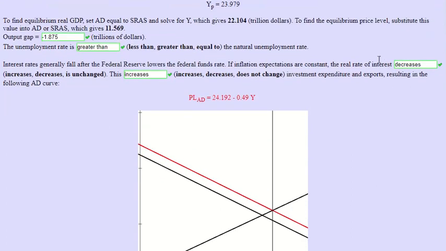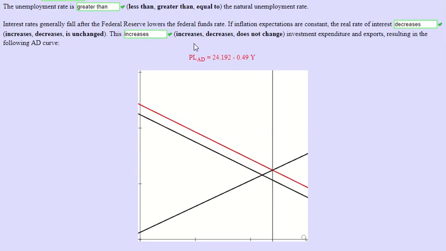Okay, it increases exports because when the real rate of interest decreases in the United States, holding all else equal, foreigners don't want to buy our treasury debt because interest rates in the United States, real rates, are lower under ceteris paribus than their rates because we're holding their rates constant. So they don't want to buy our treasury bonds. When they don't want to buy our treasury bonds, they have to use dollars to buy those treasury bonds.